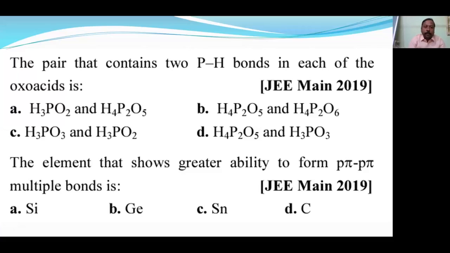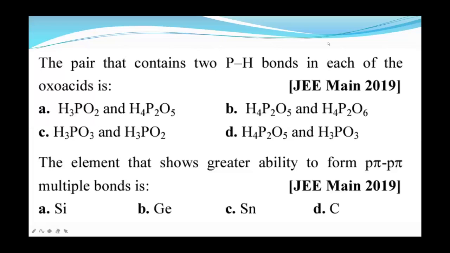Okay, next question. The pair that contains two P-H bonds in each of the oxo acids. P-H bonds you have to find. Do it very carefully without making any mistakes. Here it is very simple. If you are perfect about how to draw the structures, you can identify the A answer itself.